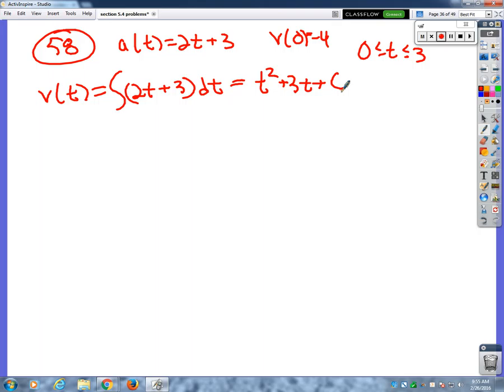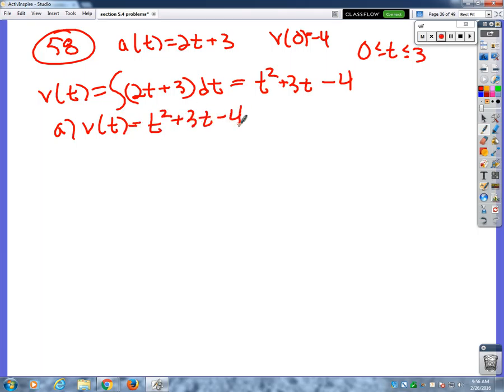But then when we plug in 0, right, c is going to be 4. Is that fairly obvious? Okay. Oh, -4. Not that obvious. Turns out to be not very obvious.